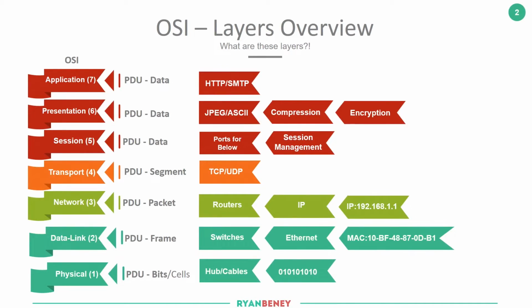Last but not least is the physical layer, layer 1. Physical layer is essentially the bits. It's sometimes referred to as cells, but primarily it's referred to as bits. So when we think of a PDU, we call it a bit. We still have devices that run at layer 1. In this case, we have a hub.